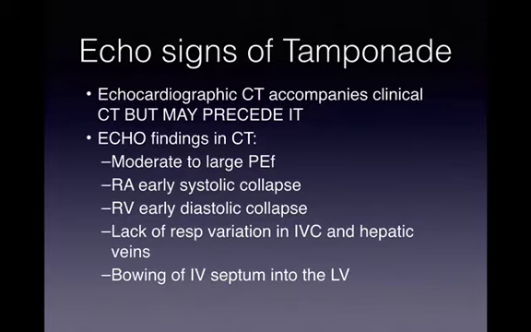So echo findings of cardiac tamponade include a moderate to large pericardial effusion, right atrial early systolic collapse, right ventricular early diastolic collapse. There's a lack of respiratory variation in the inferior vena cava and hepatic veins, and we may see a bowing of the intraventricular septum into the left ventricle.